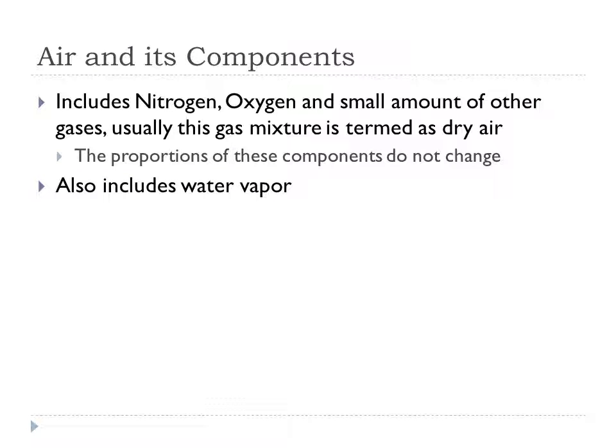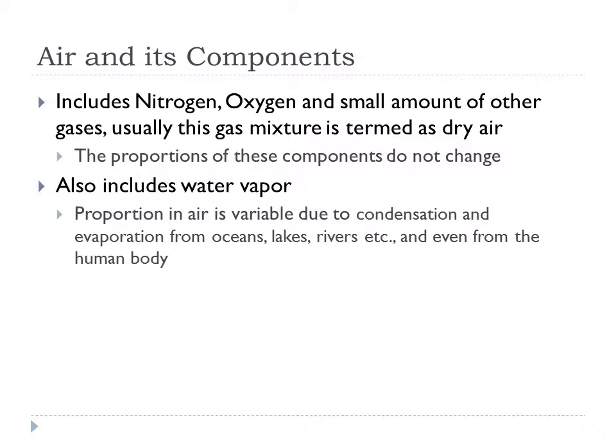Atmospheric air also includes water vapor, but the proportion of water vapor in air is variable. It is because of the condensation and evaporation processes that could happen over the free surfaces of oceans, lakes, rivers, etc. And even from the human body, the perspiration may change the moisture in the room air.